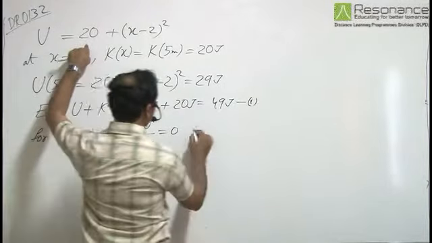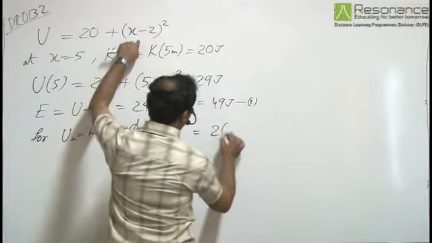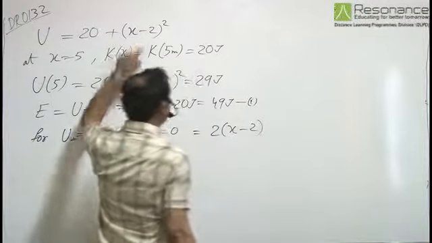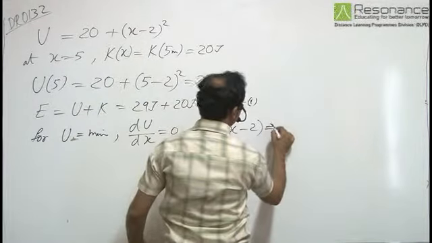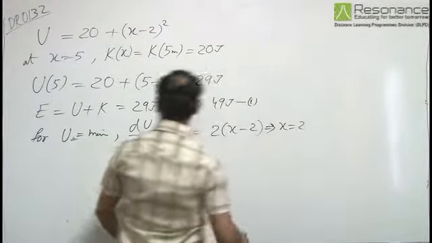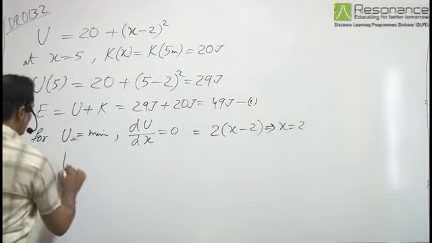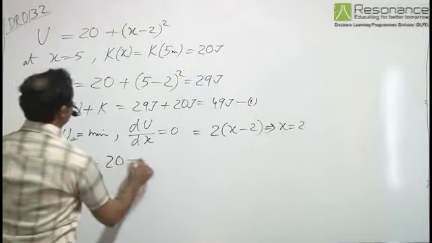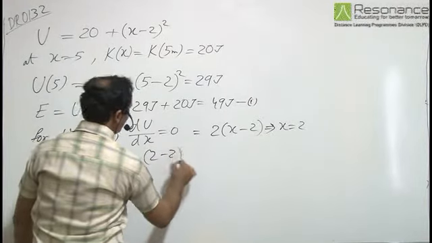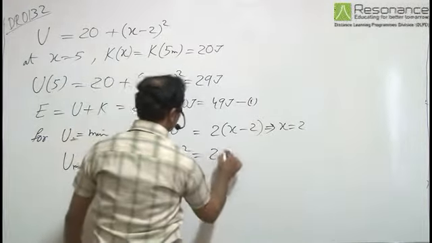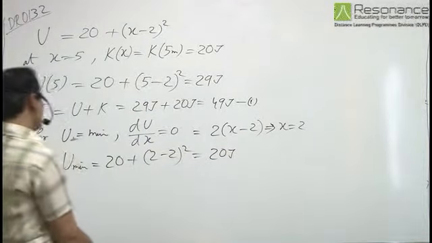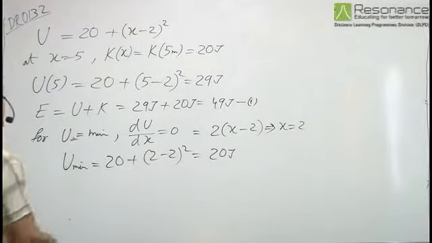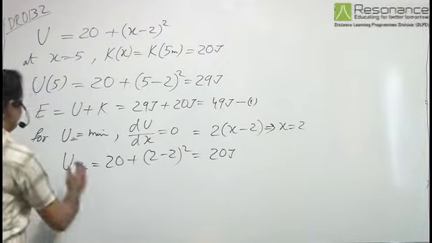If we differentiate, this comes out to be twice of (x minus 2). This gives x equal to 2. So the minimum value of U is 20 plus (2 minus 2) square, that is equal to 20 joules.